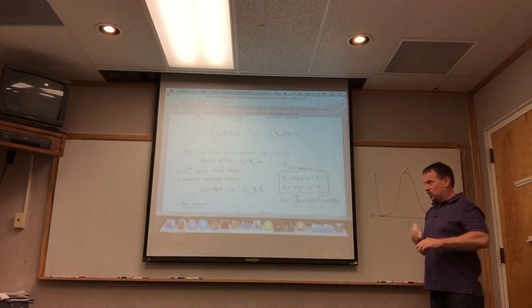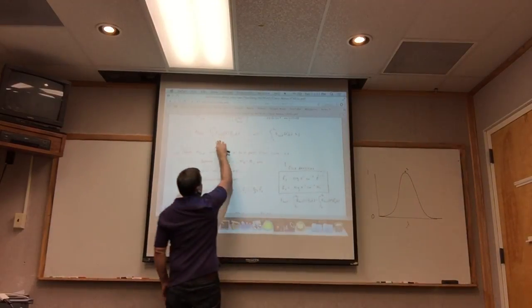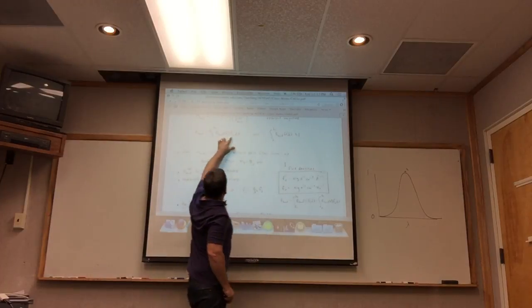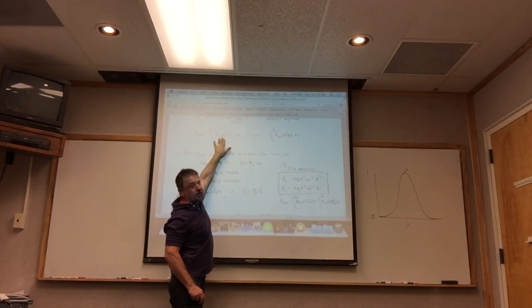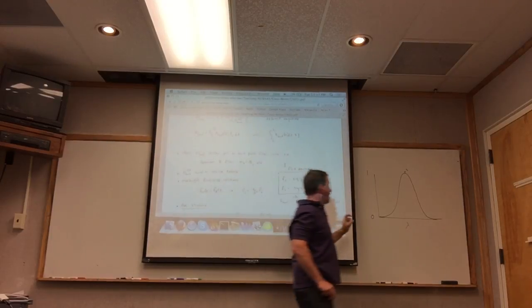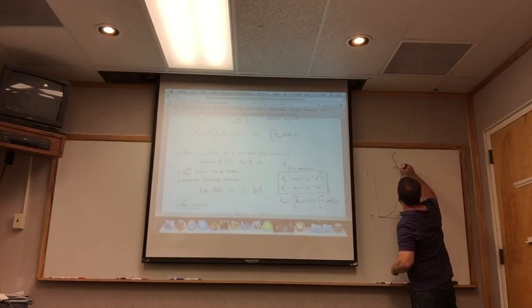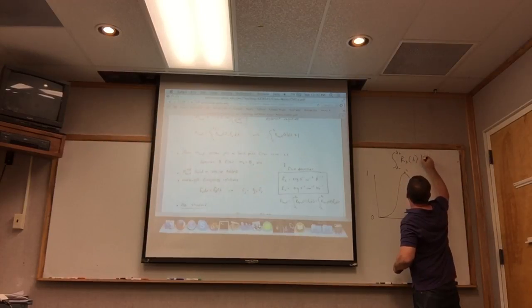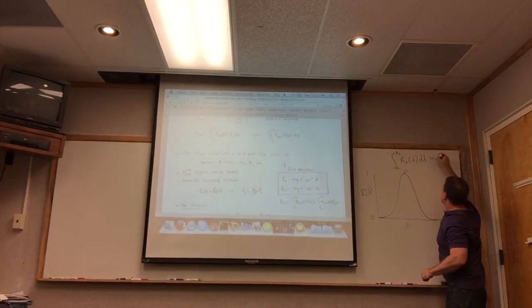You can't use those data as is to get this right, because in order for this modulation to not change the value of the flux, the area under this filter sensitivity function has to equal 1. Let me ask you a question. If I integrate this, from lambda minus to lambda plus of r lambda d lambda, which is what this is, am I going to get 1?